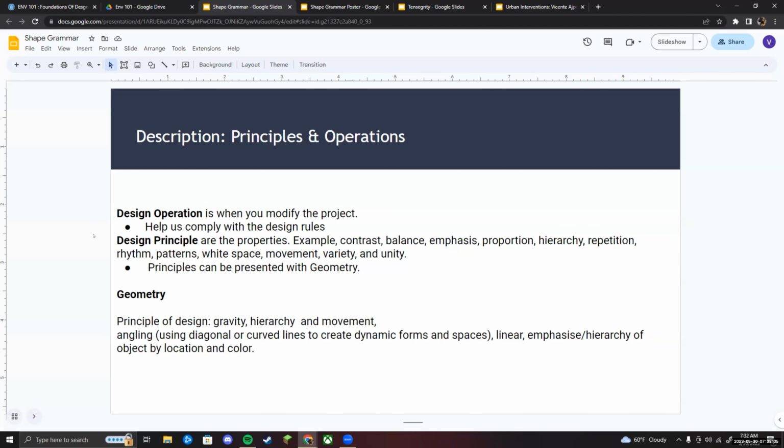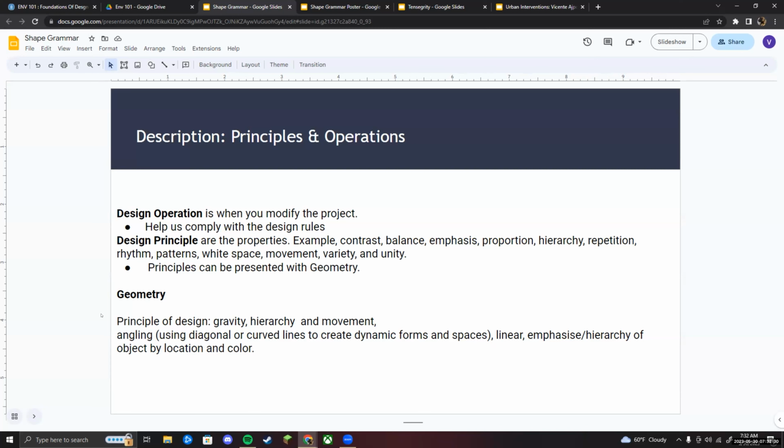So the design principles help us comply with the design rules, or properties, examples, contrast, balance, emphasis, proportion, hierarchy, repetition, rhythm, patterns, white space, movement, variety, and unity.